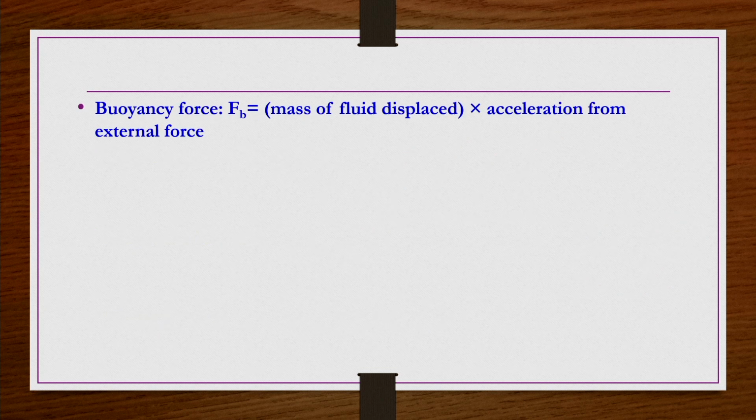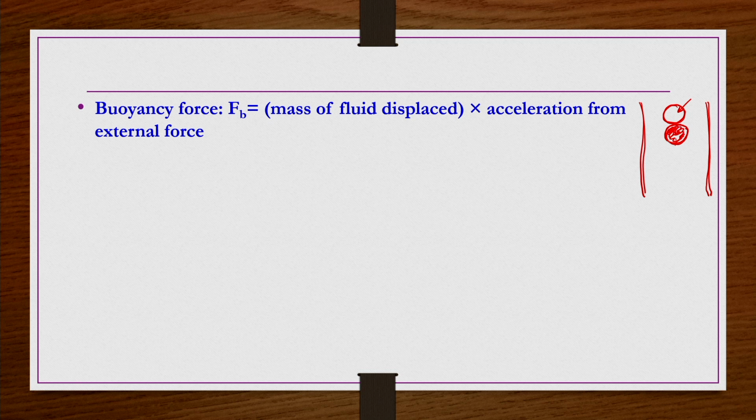So, buoyant force is the mass of fluid displaced multiplied by the acceleration from the external force. So, let us say this particle we are having here. The only thing you have to find out is the mass of the fluid that is displaced. So, let us say this is the particle here, that we have taken. Now, when it is just falling down, let us say it has come here.